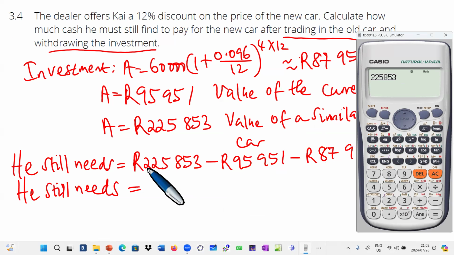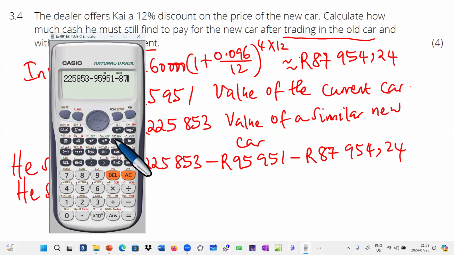225,853 is the value of a similar new car, minus 95951, minus 87954.24.